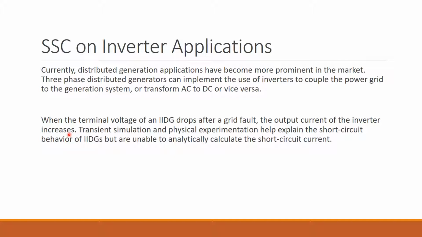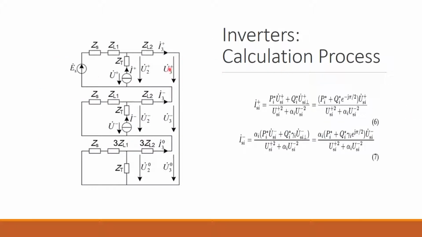Protection systems are implemented to reduce the impact of that fault current. So the transient simulation and physical experimentation help explain the short circuit behavior of distributed generation inverters, but are unable to analytically calculate the short circuit current. As we can see right here, this is an example or an image that might be really familiar to some other people in the class.